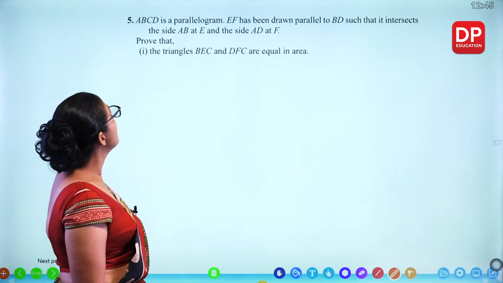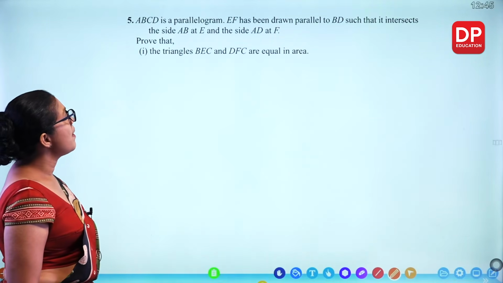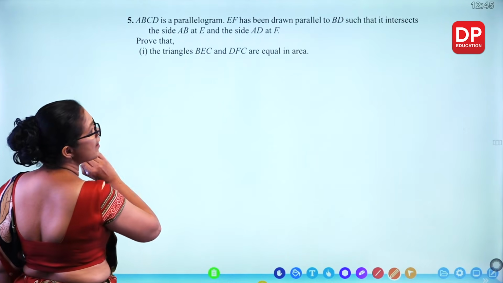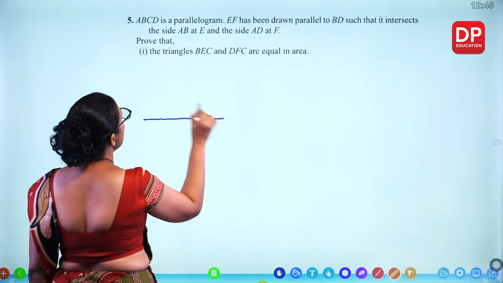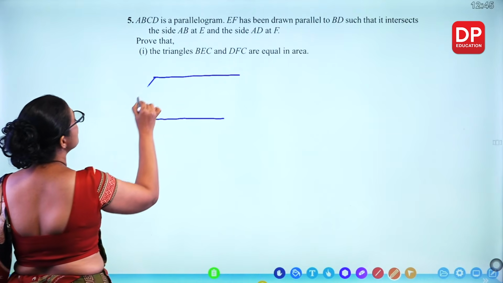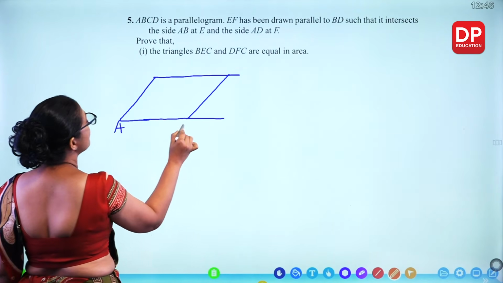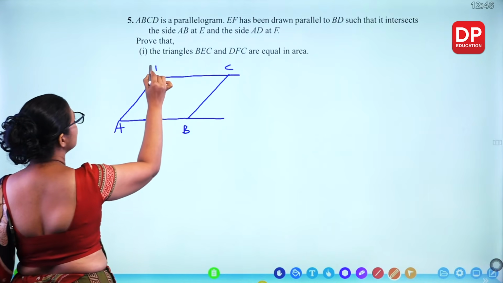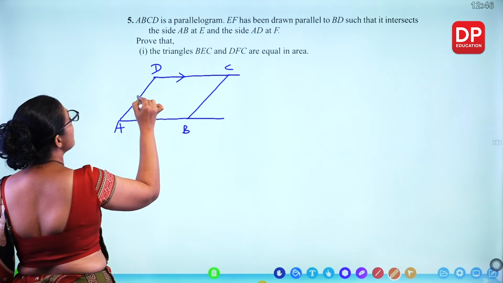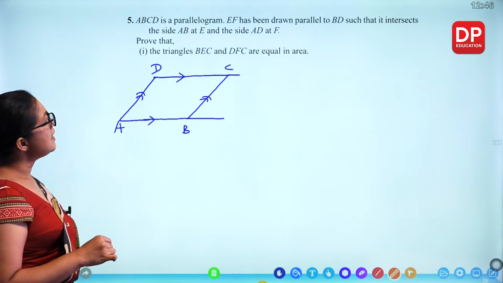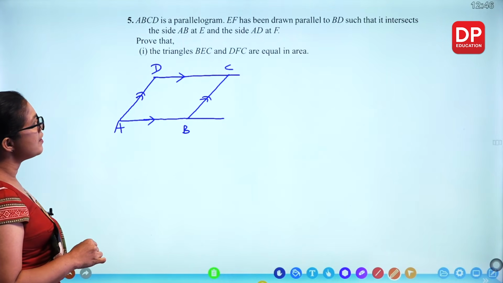Question number 5. ABCD is a parallelogram. We'll try to sketch it because the diagram is not given. ABCD is a parallelogram, so I'll draw something like this. And these two lines are parallel, opposite lines are parallel. EF has been drawn parallel to BD.